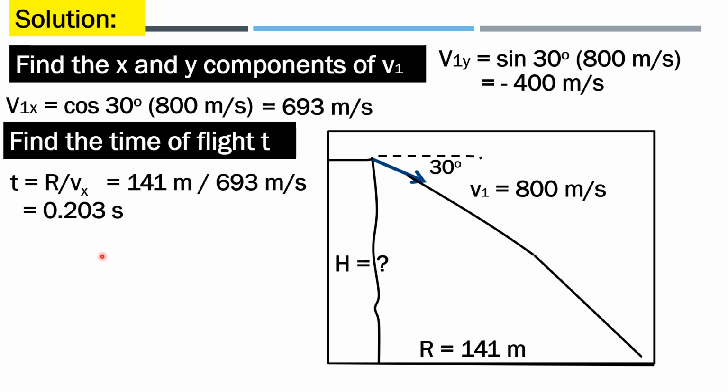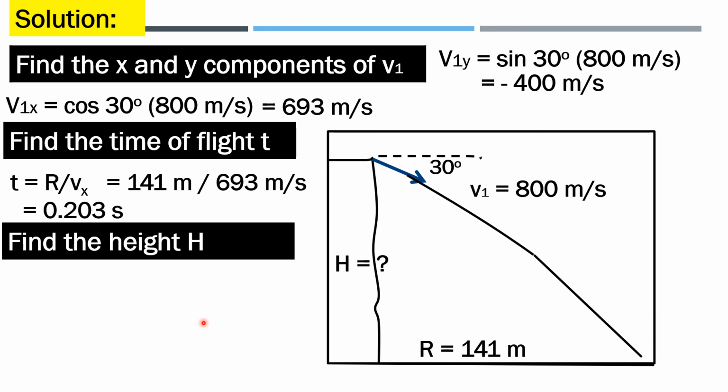That will now help us determine the variable height, or the downward displacement of the bullet, sometimes also referred to as the delta y. But we just have it directly in our equation to find the height h.